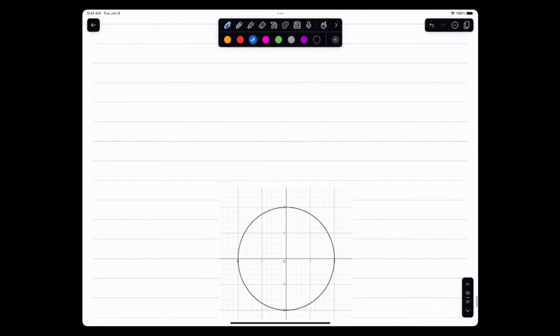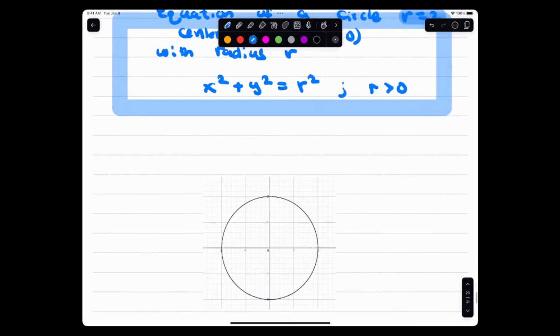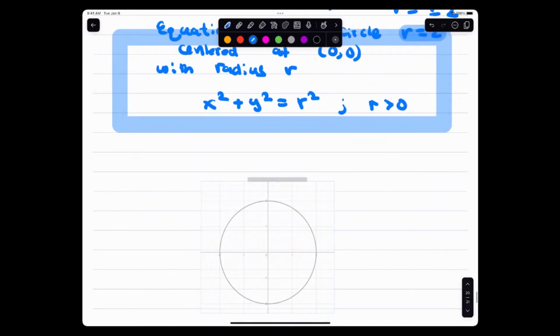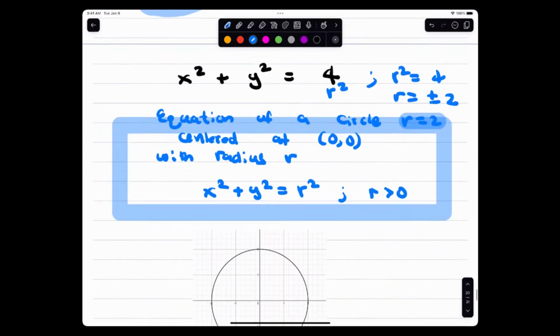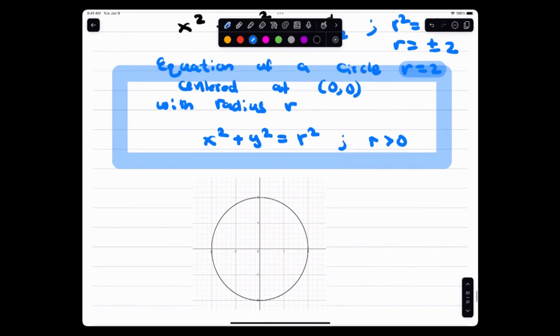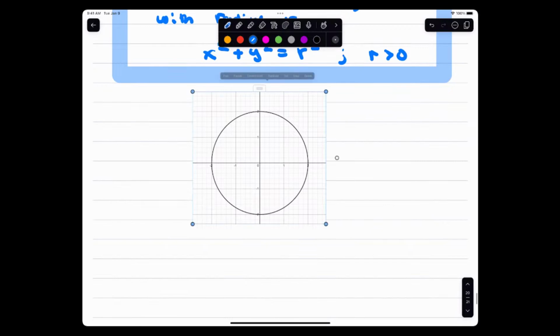So, okay, here's your equation of the circle, ladies and gentlemen, right? And here is the graph of this thing.